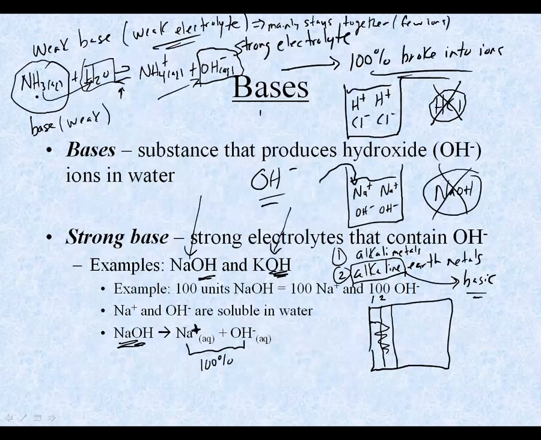Ammonia is still able to produce hydroxide, not as much as these, because sodium hydroxide is going to produce a lot of hydroxide very, very fast. Ammonia needs to do a little reaction to produce hydroxide. So it's still considered a base, and it's a weak base because it can technically produce a little bit of hydroxide, but it is nowhere near as strong as sodium hydroxide or potassium hydroxide. Any questions on that?